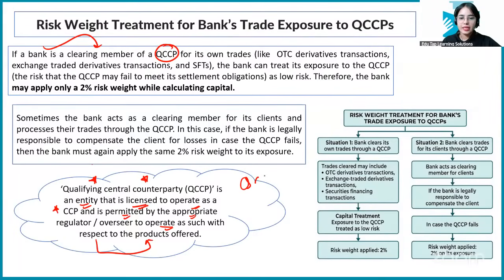Basically, a qualifying central counterparty is licensed to work as a central counterparty by the regulator. The permission has been given, and it is the central counterparty that is coming in between the two entities.